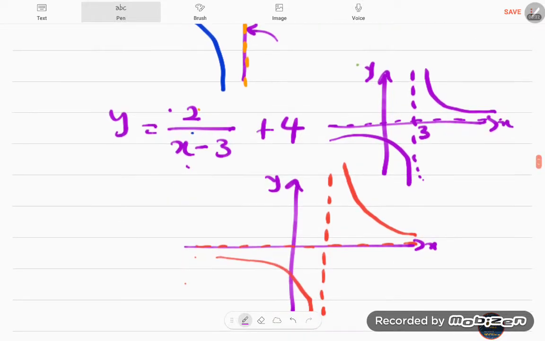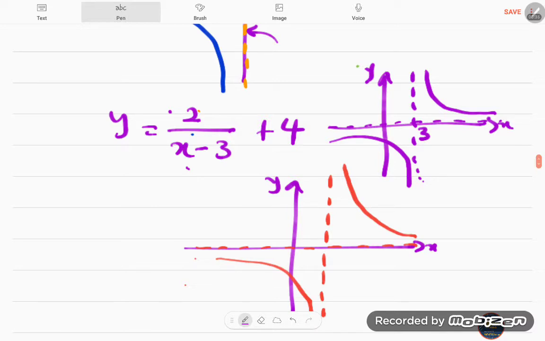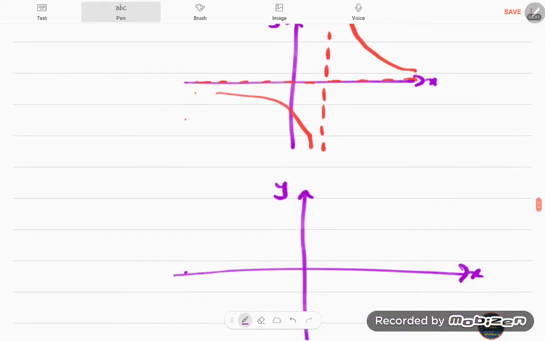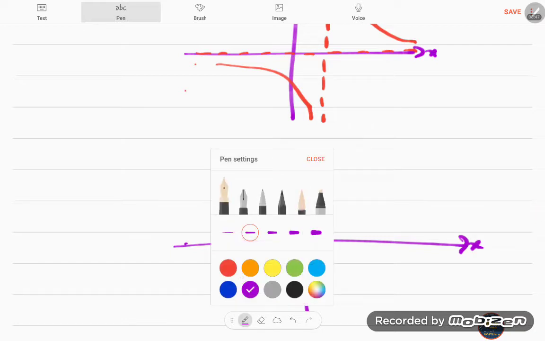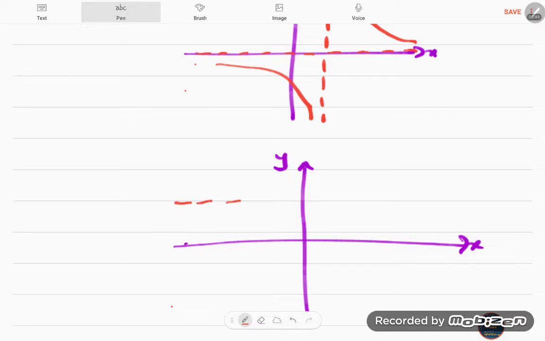And the effect of the 2 is going to be understated because there are no points that we can point out as yet. But the 4, we can show because we're moving the horizontal asymptote. This is your new center and this is the center that we began with. And then we draw our graph.